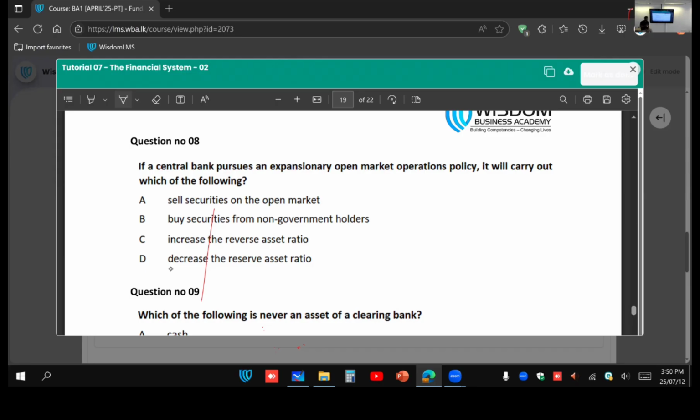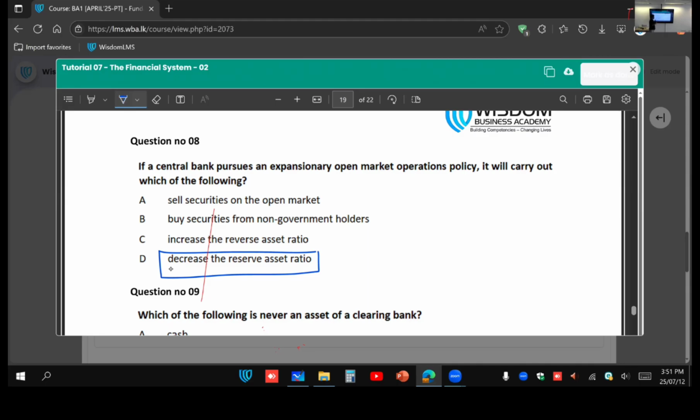Credit value will enhance. Here, they are asking about expansionary open market operations policy, and this one is also increasing, tricky. This one also increases the money supply into the market. Isn't it? So previously, out of 100 rupees, only 2 rupees had to be kept at the central bank.